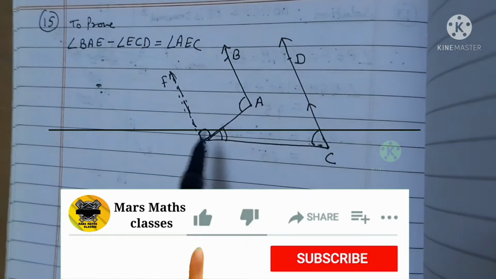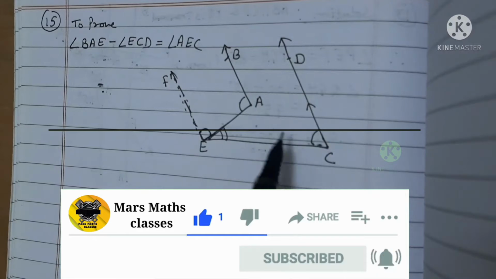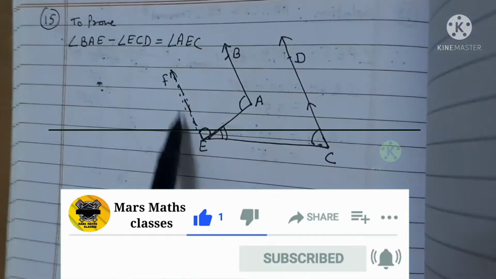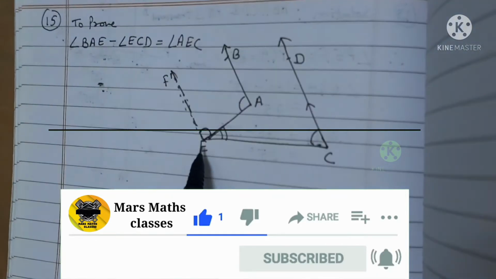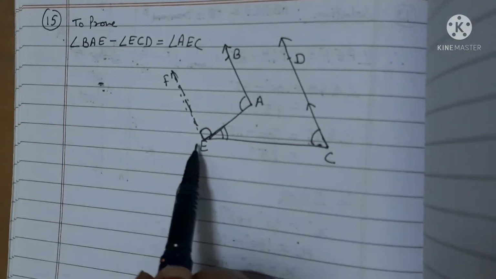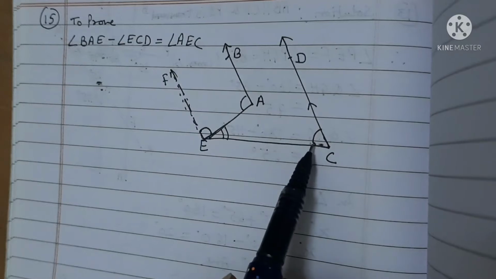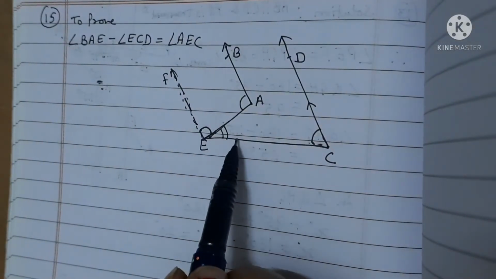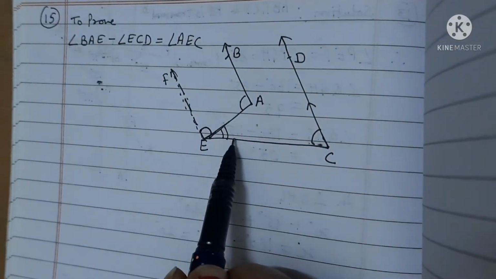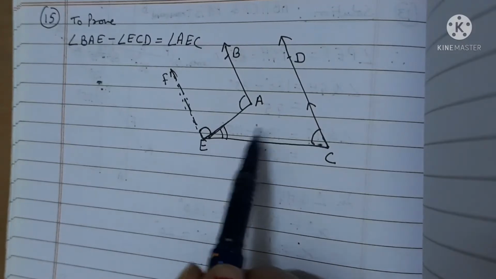Taking the other pair, CD is parallel to EF and EC is the transversal, so this angle C plus this complete angle will be 180 degrees, co-interior angles.